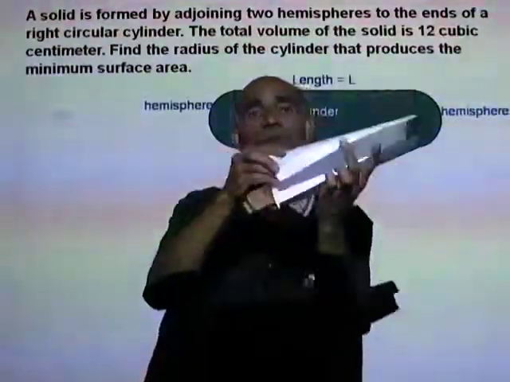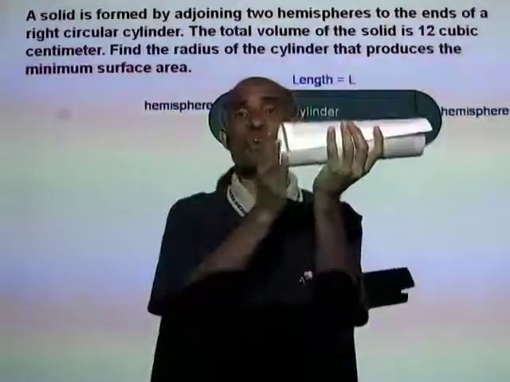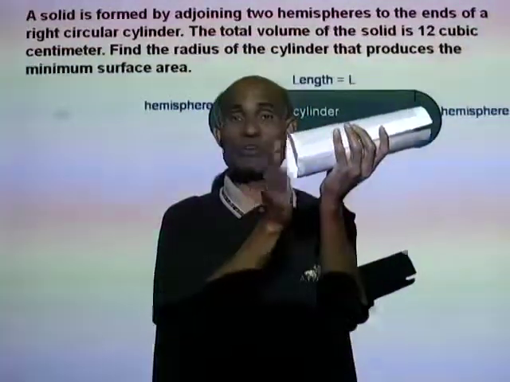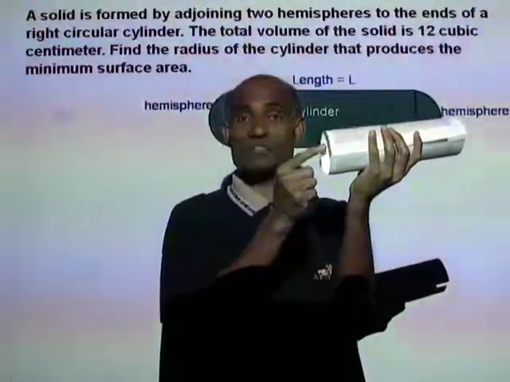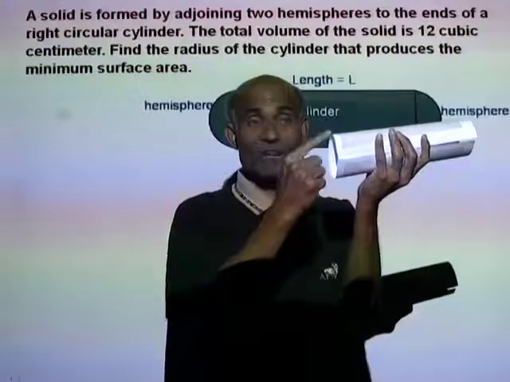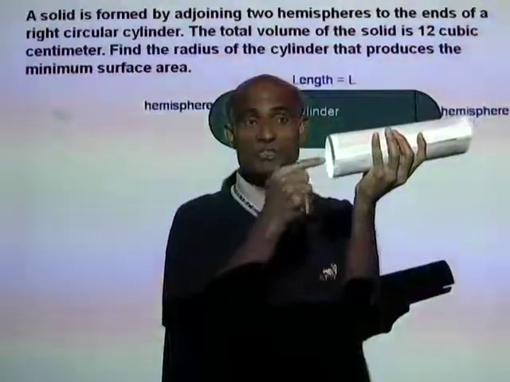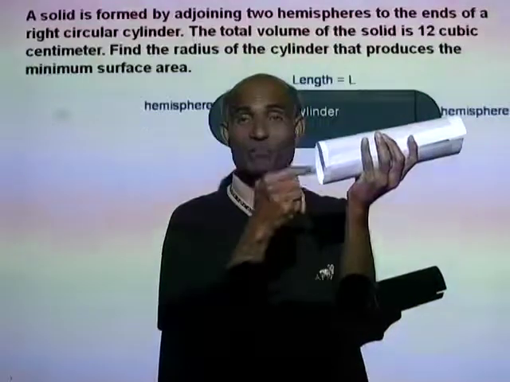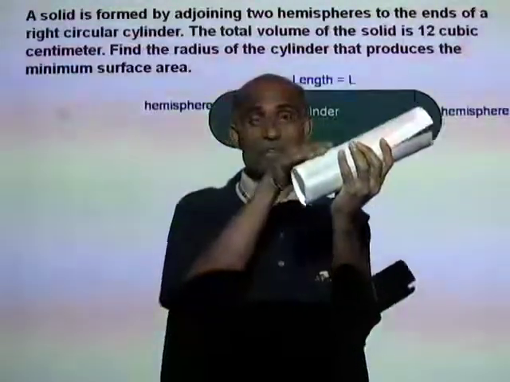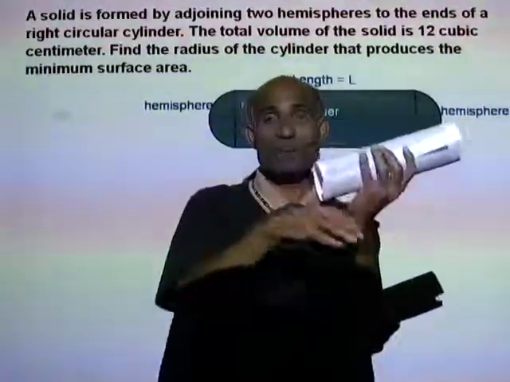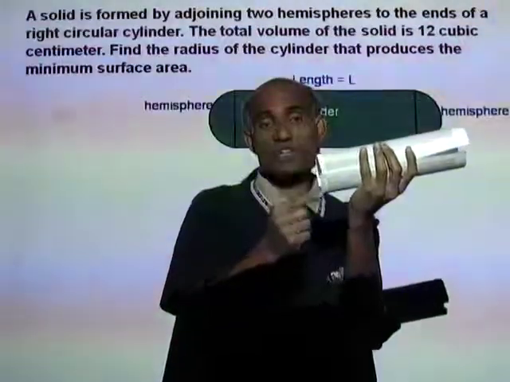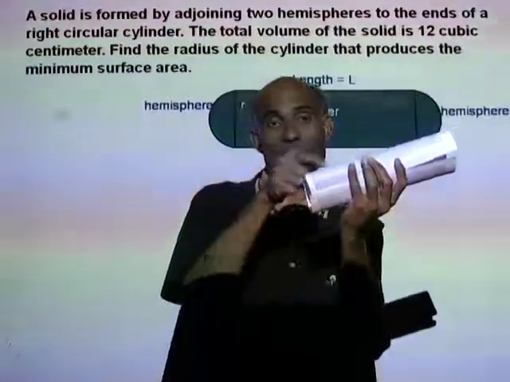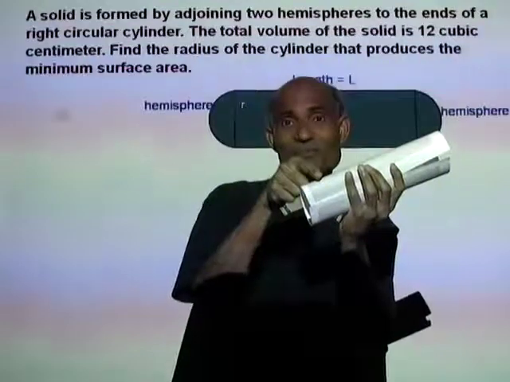That width becomes the circle when it becomes a cylinder, and the radius we know is r. And what is the circumference of that circle? It is 2 pi r. So, the surface area of the cylinder is 2 pi r times the length.